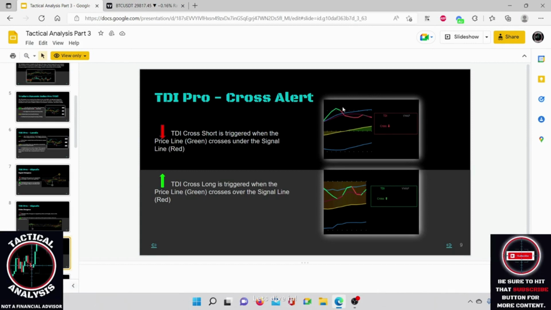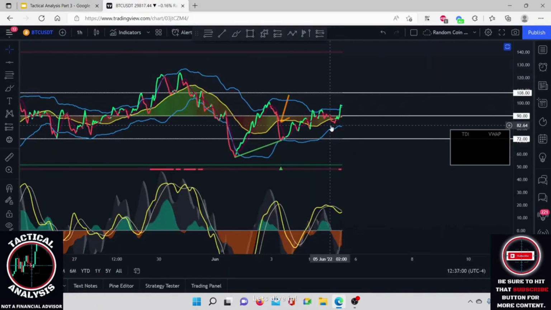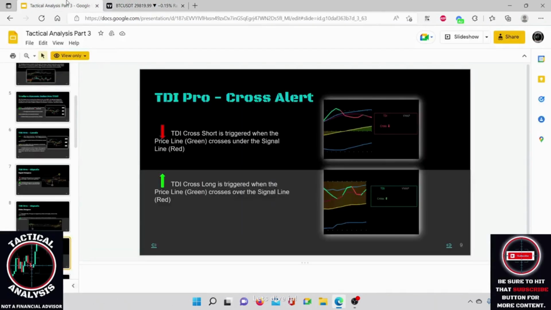It will turn red, and you'll also get an indication in your box over here. When it crosses up, it will turn green, and you will also get an indication on the TDI box on the right-hand side. Once again, red down, green up. Not only will the line turn color, but you'll also get an indication or signal to the right.